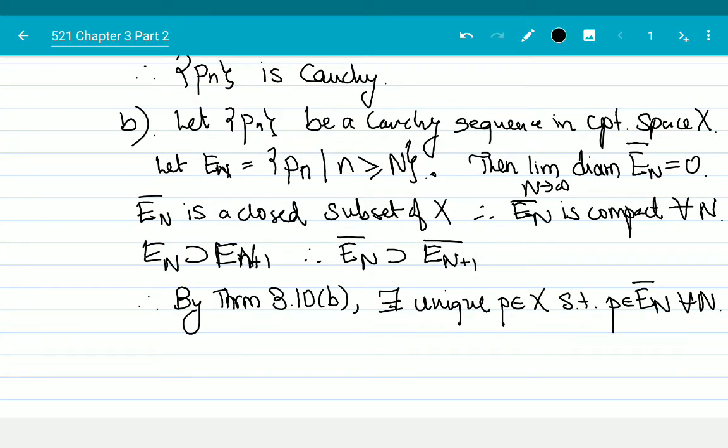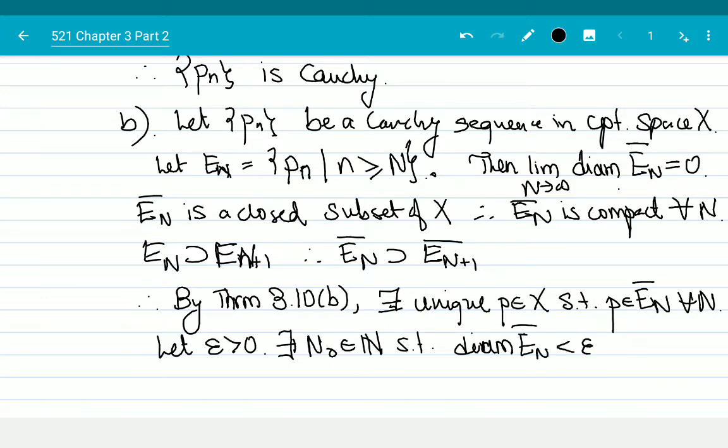I can't say it belongs to every En. Okay? Now let epsilon be greater than 0. Okay? Then, because the diameter of En bar is going to 0, there exists some integer n naught in the natural numbers such that the diameter of En bar is smaller than epsilon for every n greater than or equal to n naught.